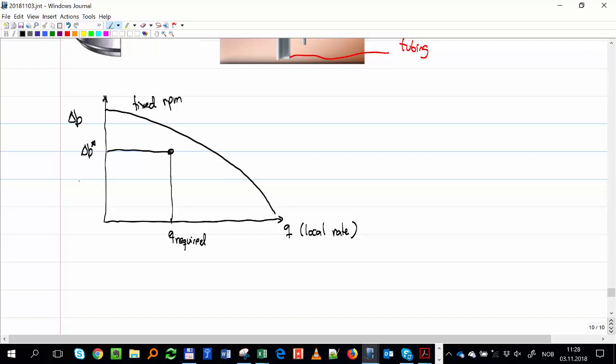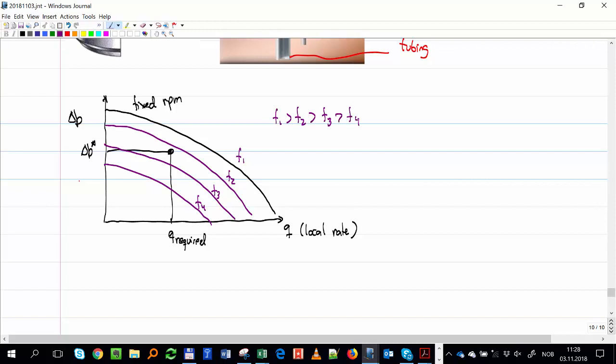Because when we reduce the RPM of the pump, we end up with a graph like that, just like in a centrifugal pump. So this is F1, F2, F3, F4, where F1 is greater than F2, F3, and F4. So you're able to adjust so the curve of the pump passes exactly through that point.